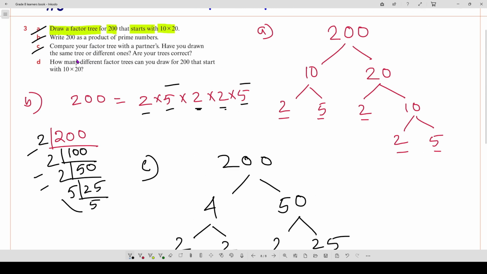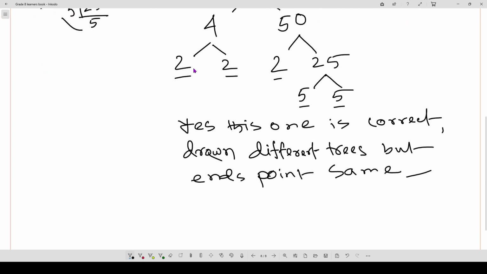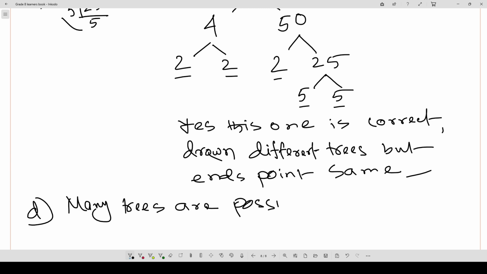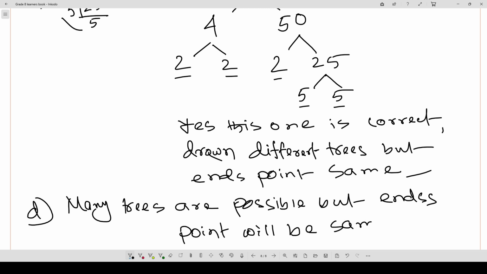Okay, how many different factor trees can you draw for 200 that start with 10 and 20? So many trees are possible. It's number D. Many trees are possible, but endpoints will be same.